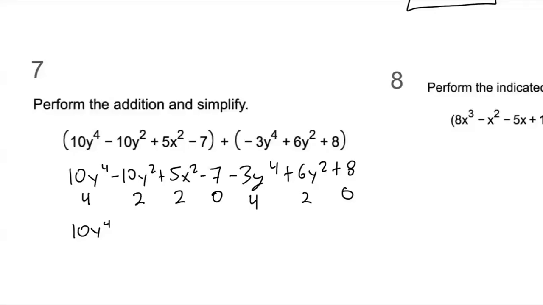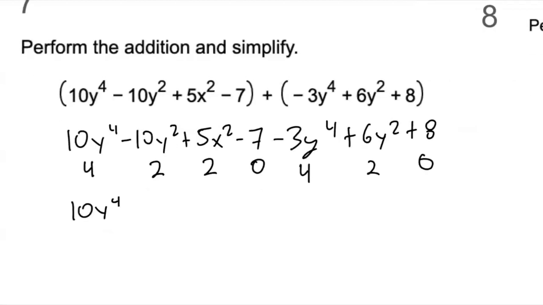So then you would just have to go from left to right in terms of the leading degree. So in this case, 10y to the 4th minus 3y to the 4th. Now you have negative 10y squared plus 5x squared and 6y squared.